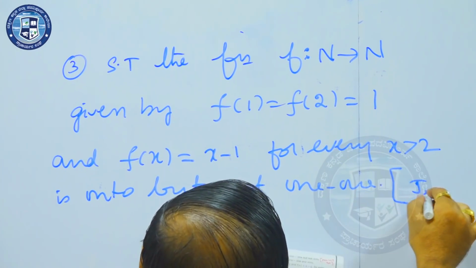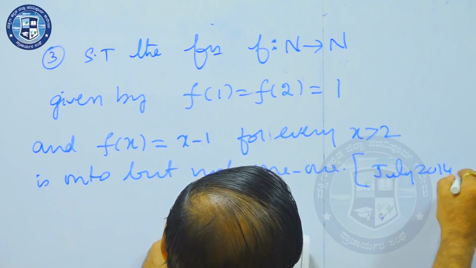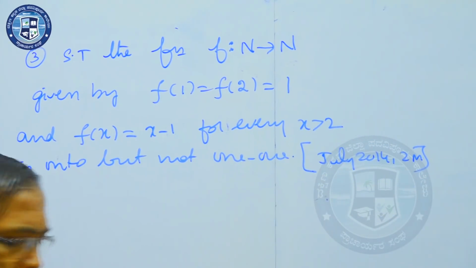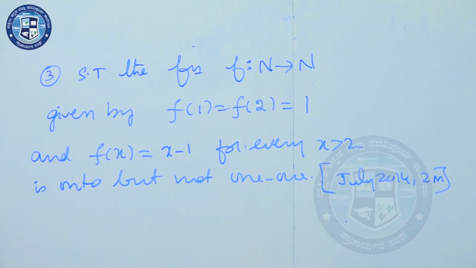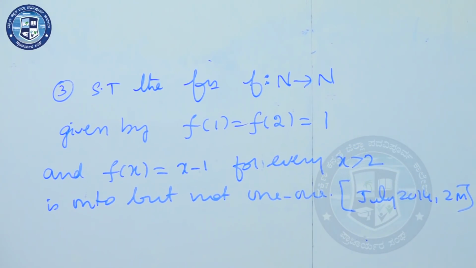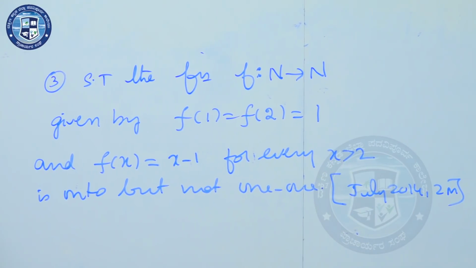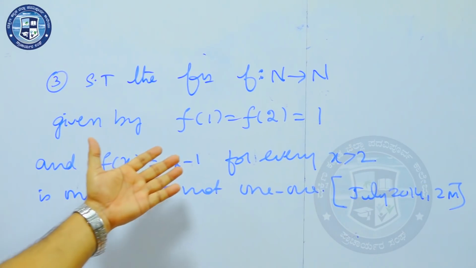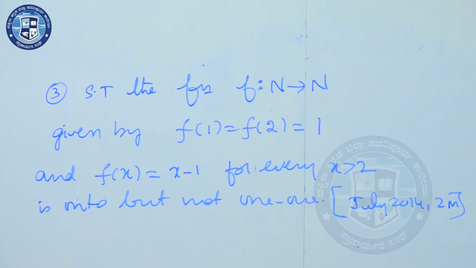See, this question was asked in the exam. f of x is x minus 1 for every x greater than 2. In the problem itself they have given that it is not one to one.